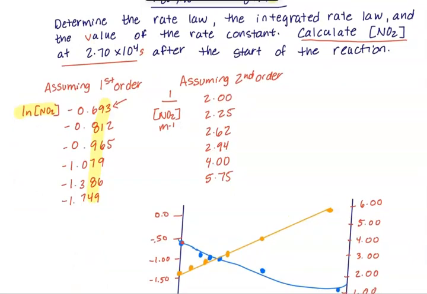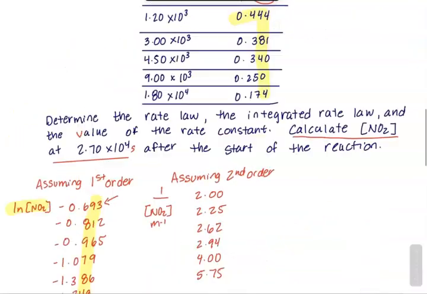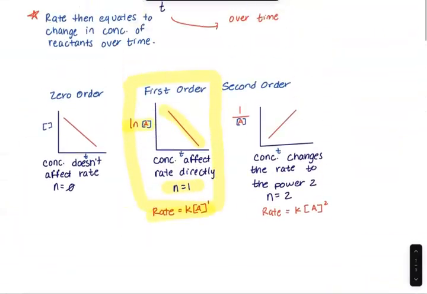Thereafter, I want to create a graph and graph this over time to see if I get a straight line. But before I do that, I need to determine whether it's going to be first order or second order. So I grabbed the values for the second order. For second order, the concentration changes the rate to the power of 2, so n will equal 2.